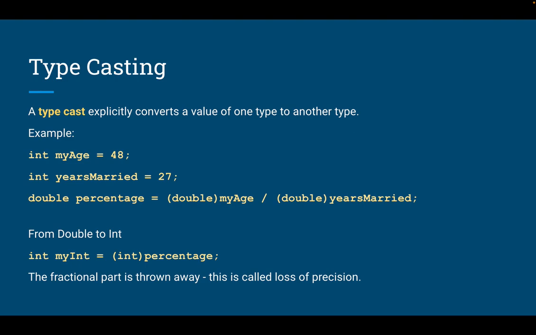So now when I do the division, it's going to give me the percentage of the years married. Likewise, you can do double to int, but keep in mind you're always going to have loss of precision when you go from double down to int. You're going from a floating point down to something that can't contain a floating point. And because it can't, it throws away everything behind the decimal.